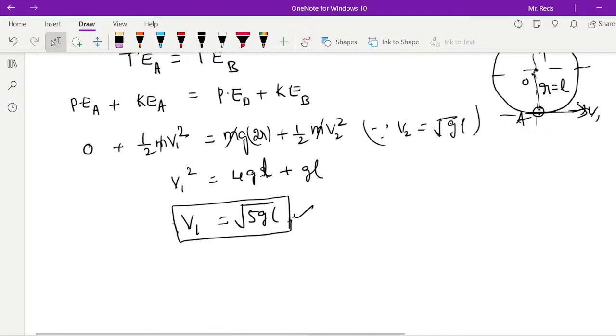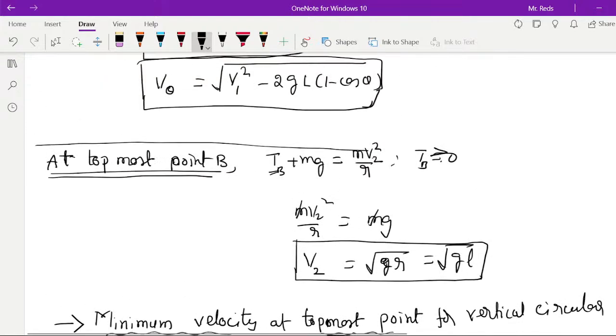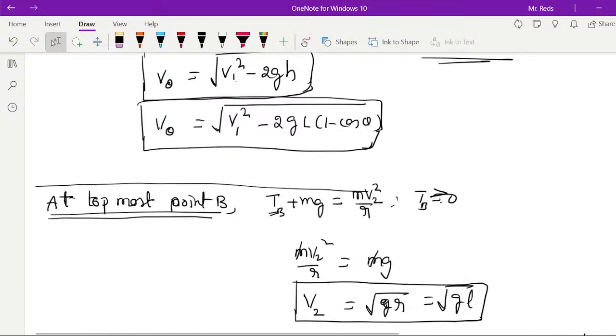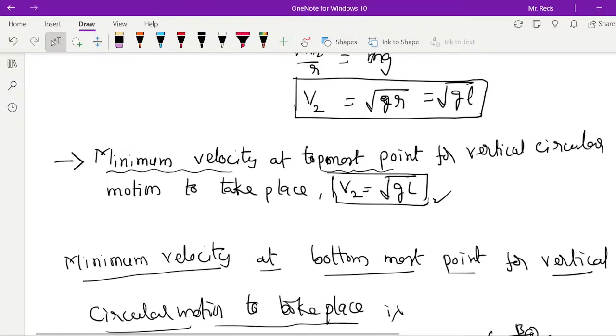Next, at any arbitrary point like this, what should be the velocity? We have already discussed this. At any arbitrary point, V at theta is equal to v1 square minus 2gl into 1 minus cos theta. If you substitute those values, v1 is root 5gl, v1 square is 5gl.